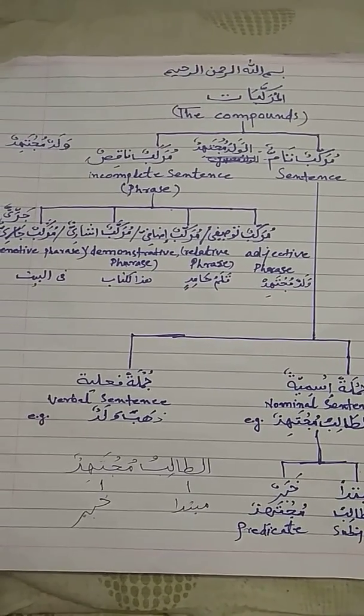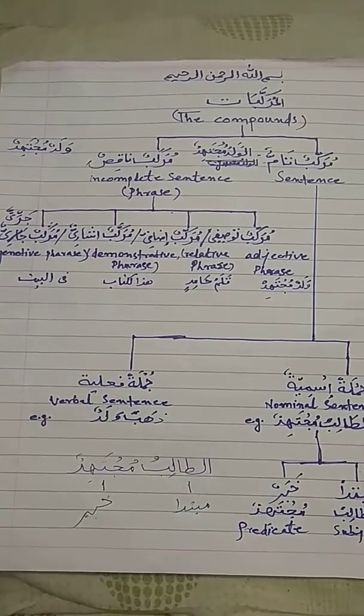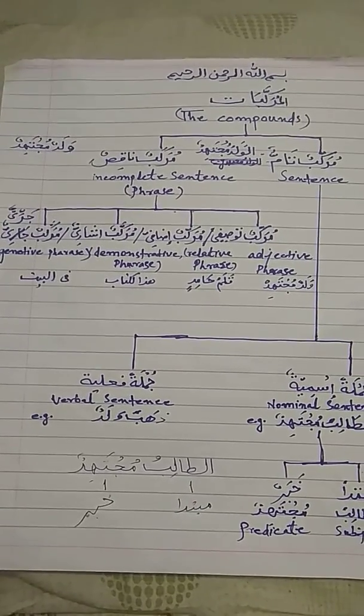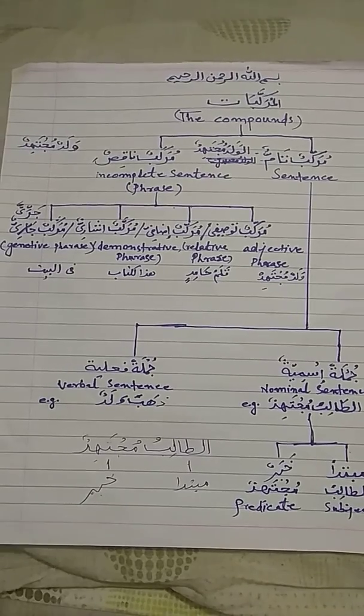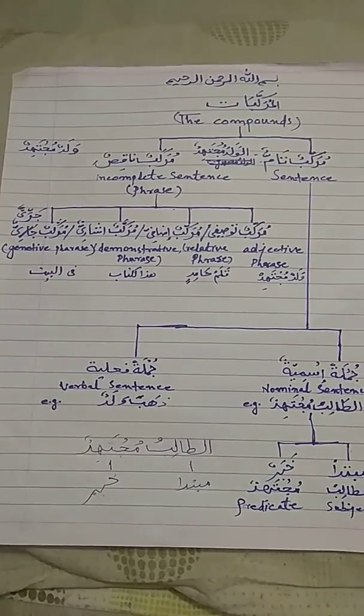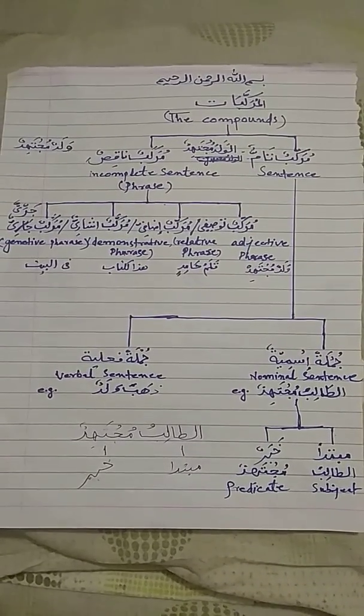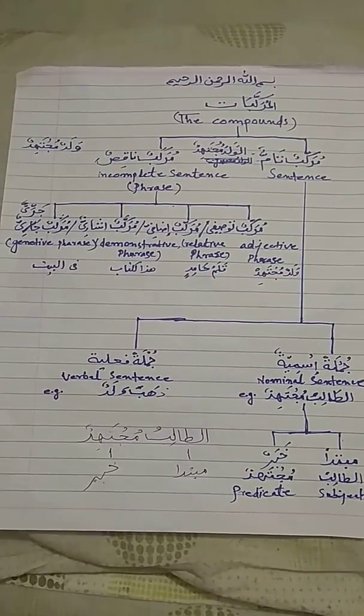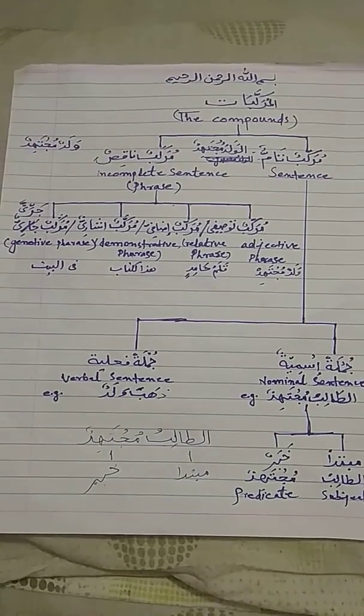Jumlatun ismiya, the sentence which starts with an ism, is called jumlatun ismiya. For example, الطالب مجتهد.